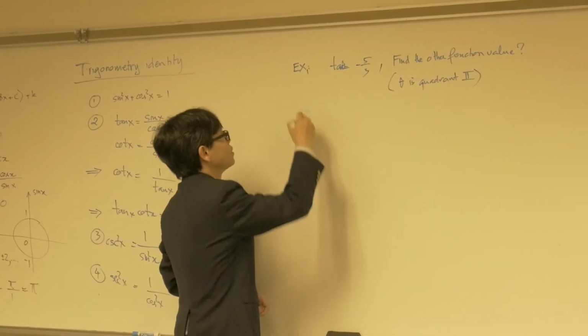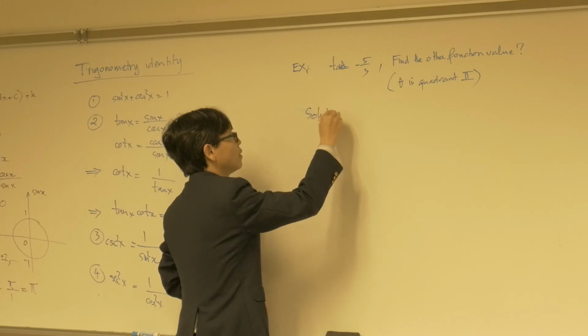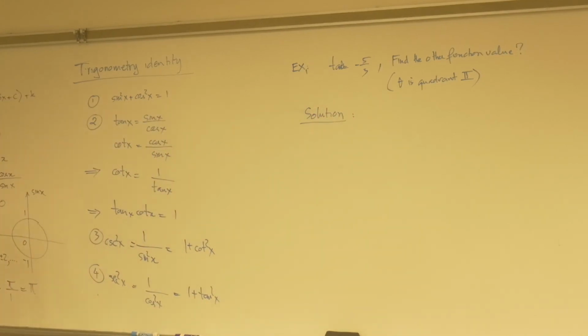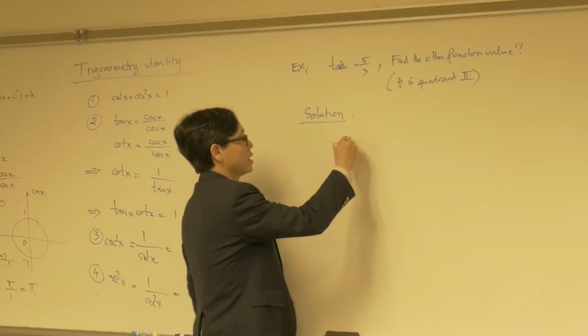Solution. Right now tangent is negative 5 over 3, and we want to find the other function values, meaning we have to find sine, cosine, cosecant, secant, and cotangent. We know that tangent is the reciprocal of cotangent, or cotangent is the reciprocal of tangent. So from tangent I can get cotangent easily.